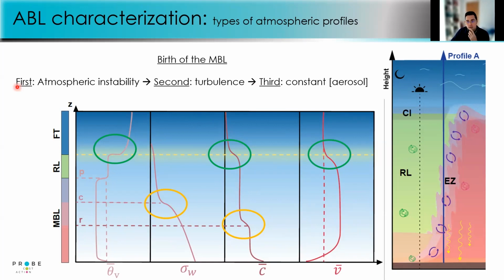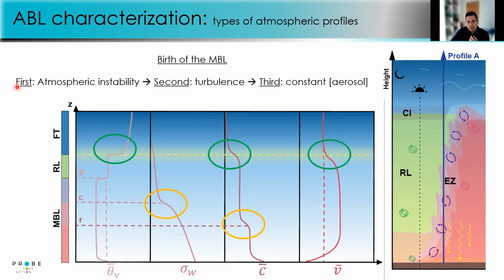When we have this convection starting, then the situation is a little bit more complicated, because we may have different signatures from different atmospheric properties. For example, we start with the virtual potential temperature. We can use this value to check the maximum height reached by an air parcel rising from the surface. This point that's here doesn't mean that the air parcel has reached this point already when we launch, for example, the radiosonde.